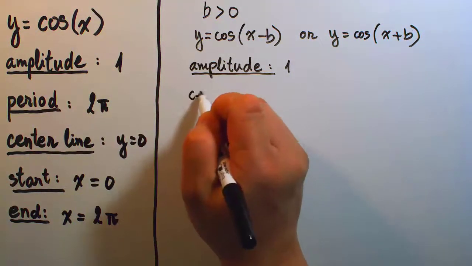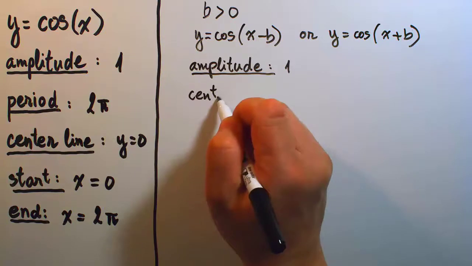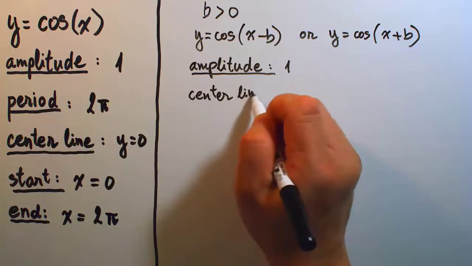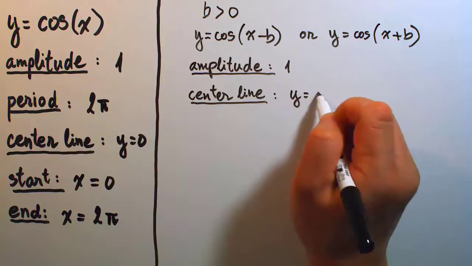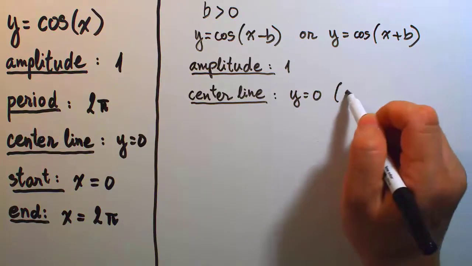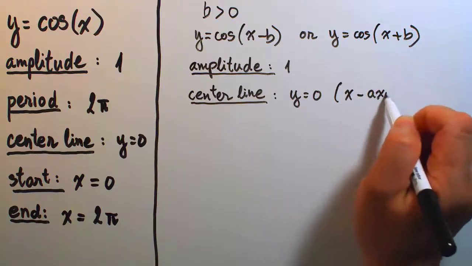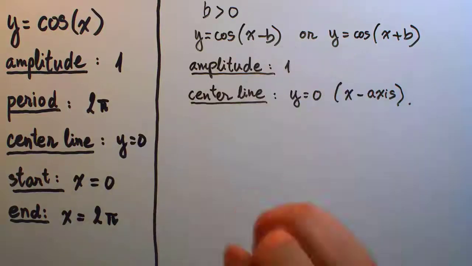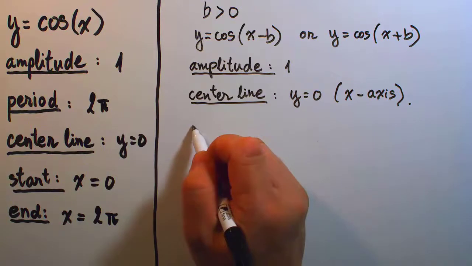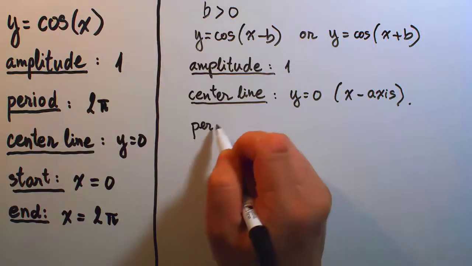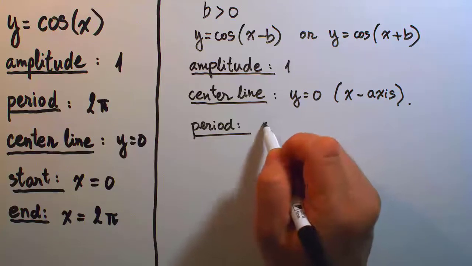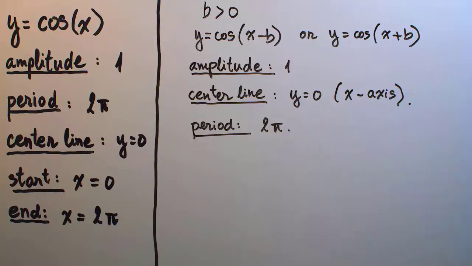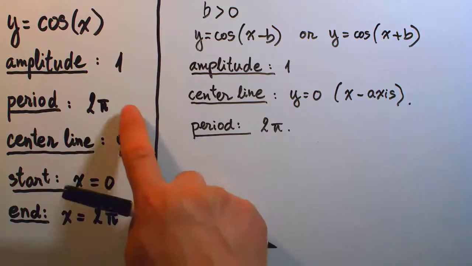Any one of those graphs has a center line at y equals 0, namely the x-axis. And any one of these graphs has a period of 2 pi, once again just like the original cosine of x.